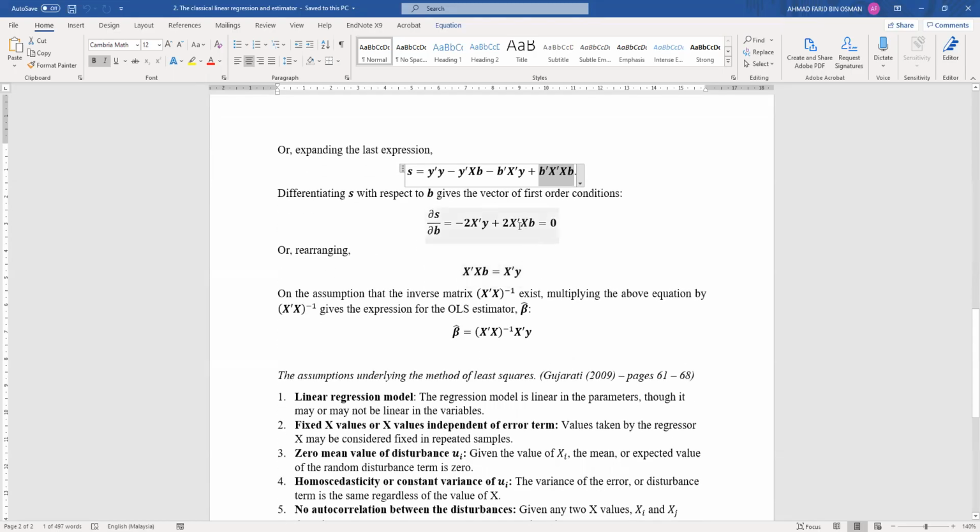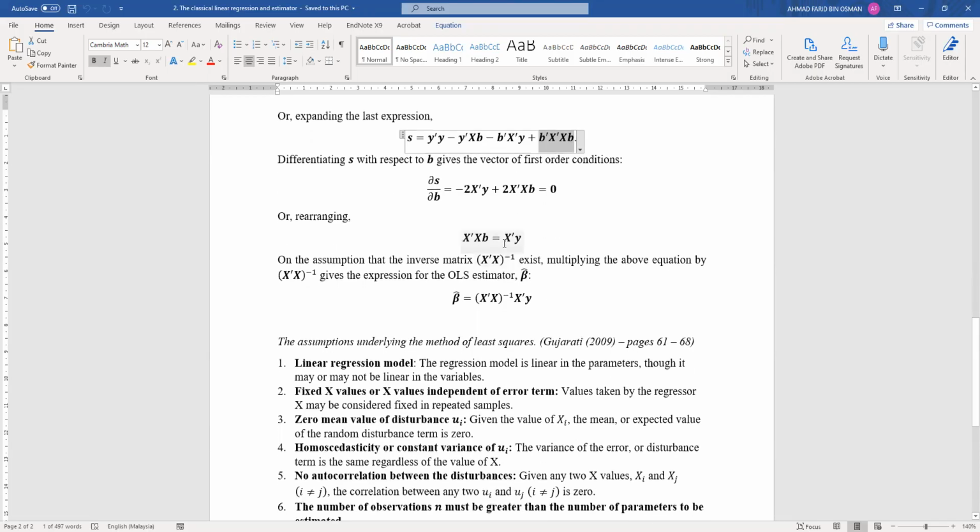So you rearrange this, and on the assumption that the inverse matrix of X transpose X exists, multiplying the above equation by X transpose X inverse gives the expression for the OLS estimator. So you multiply each of the two sides by X transpose X inverse, and we can cancel it out because we multiply by the inverse.